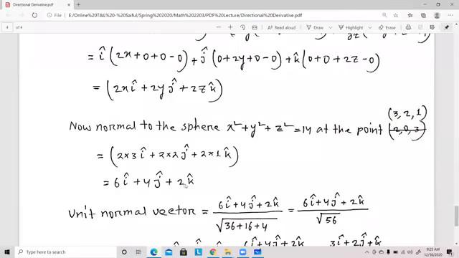So we have to find the directional derivative of grad of v square in this direction. To find the directional derivative in this direction, at first we have to find the unit vector of this vector.